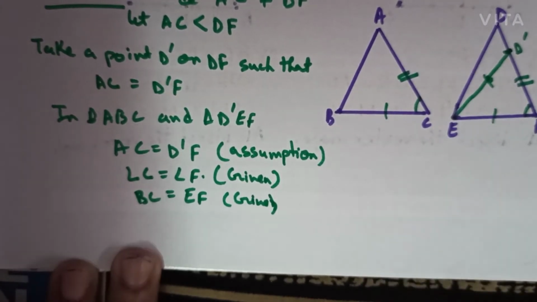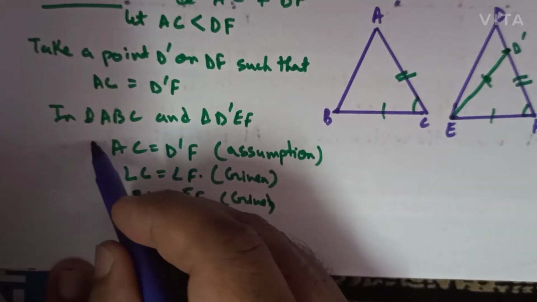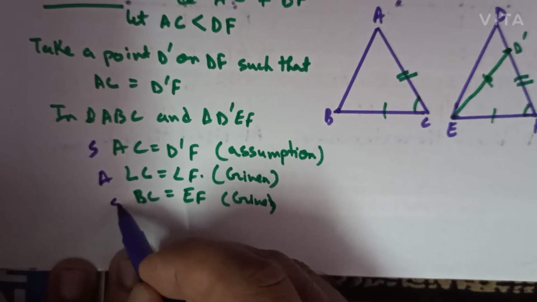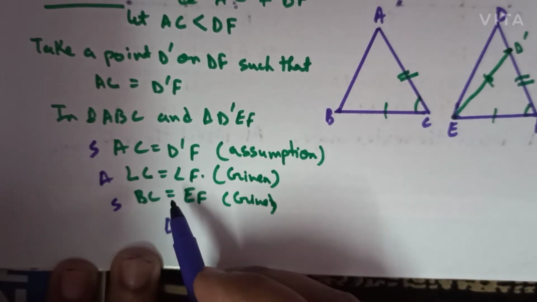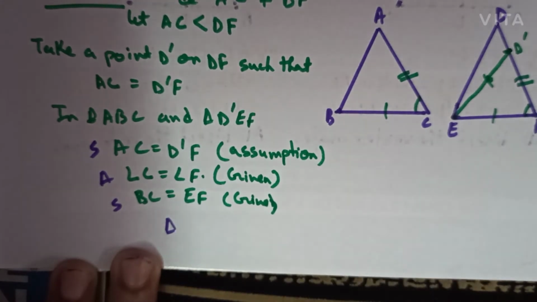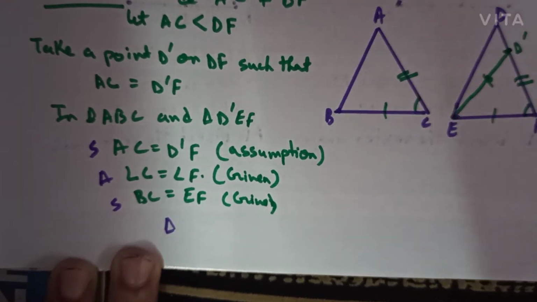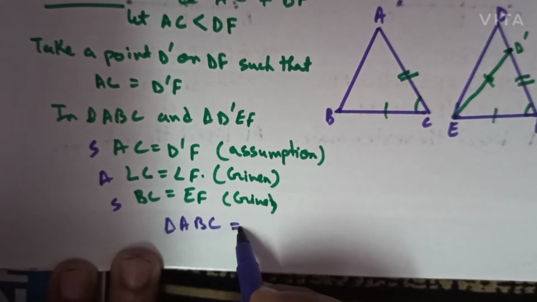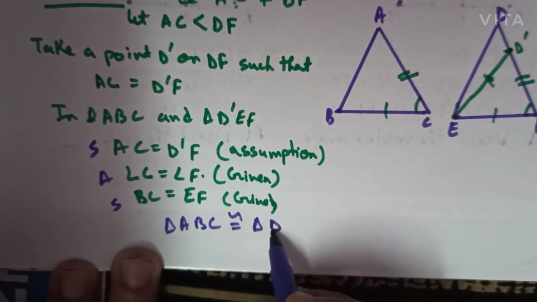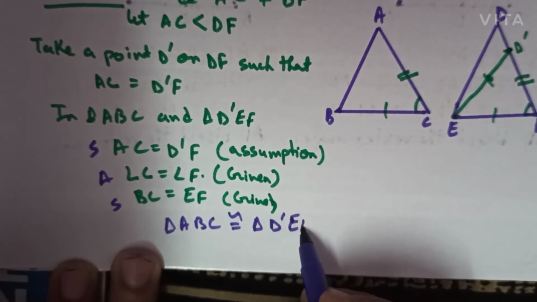So by side angle side congruence, we say that triangle ABC is congruent with triangle D dash EF.